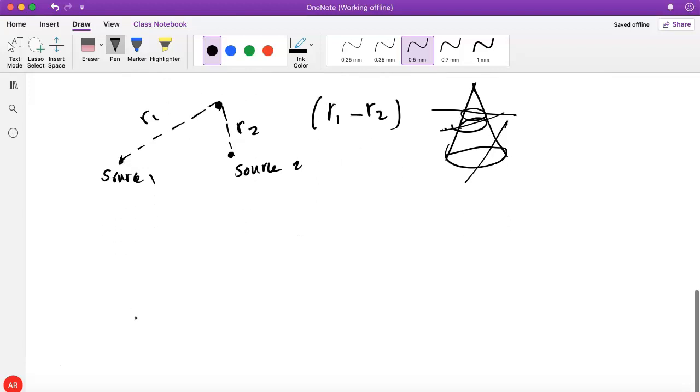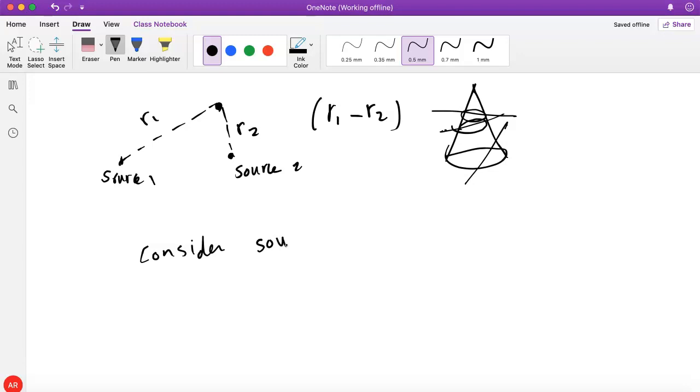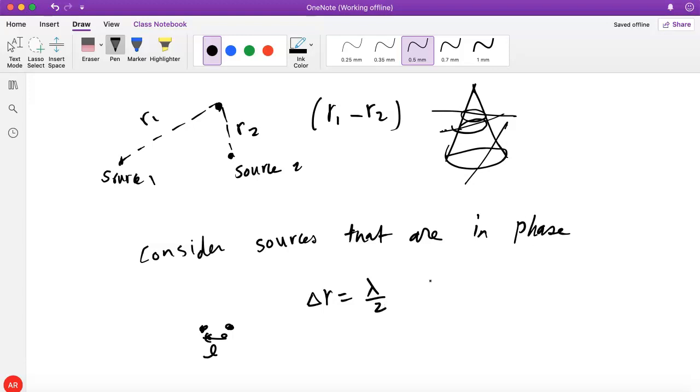So let's think a little bit more. For example, consider sources that are in phase, and let's say the sources are at some distance L from each other. The first nodal line that we would get is when delta R is lambda over 2.